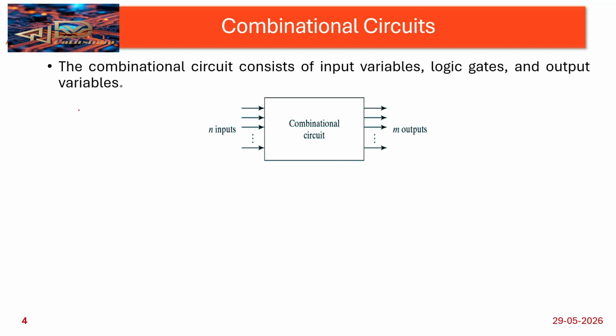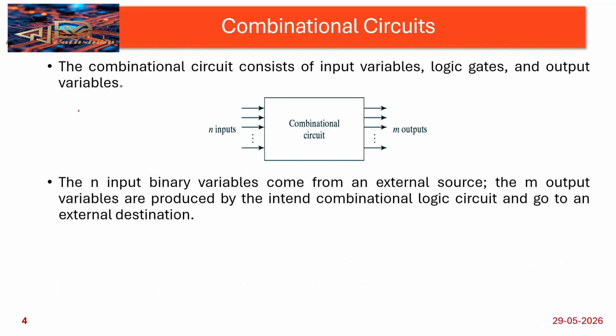So that is the combinational circuit diagram: we give some binary inputs and get binary outputs, some Boolean variable equations. The n binary input variables come from an external source, and the m output variables produced by the combinational circuit go to external destinations.